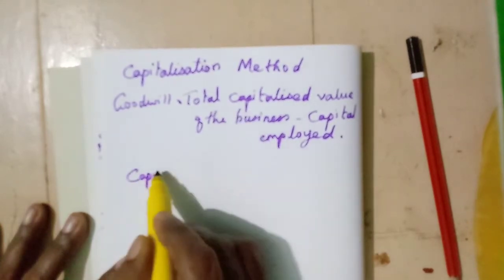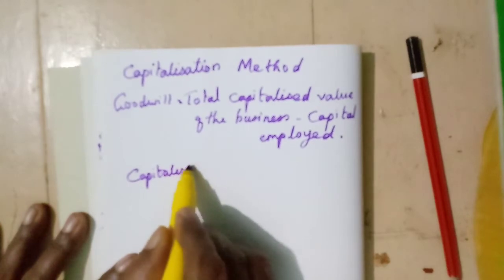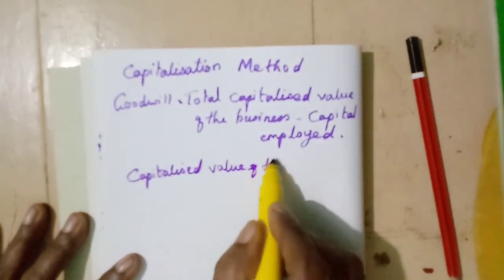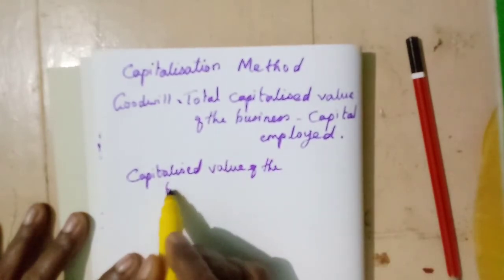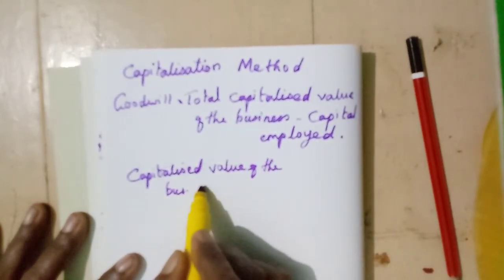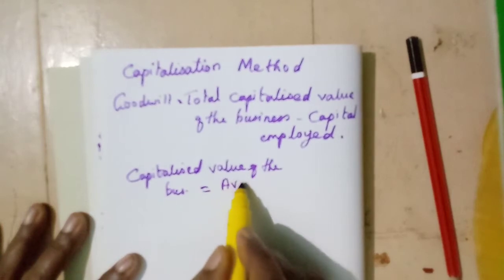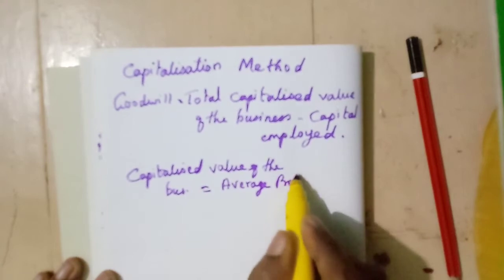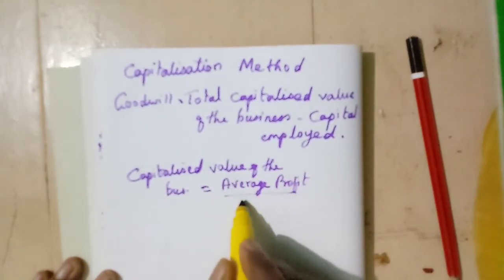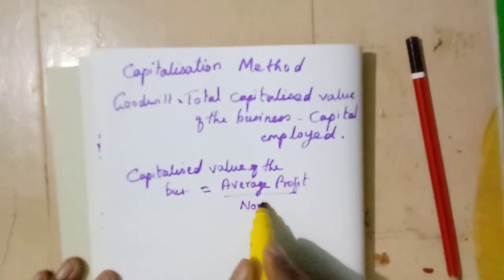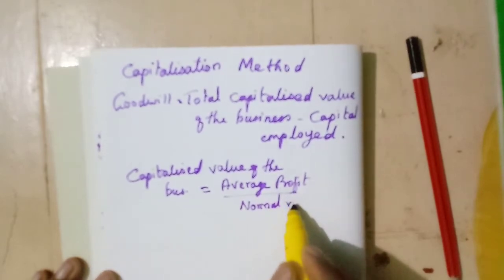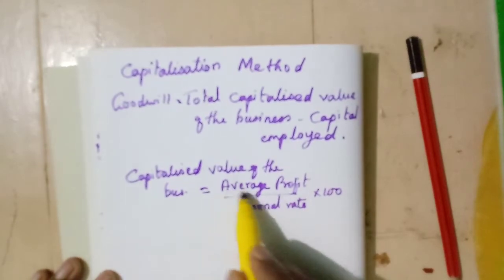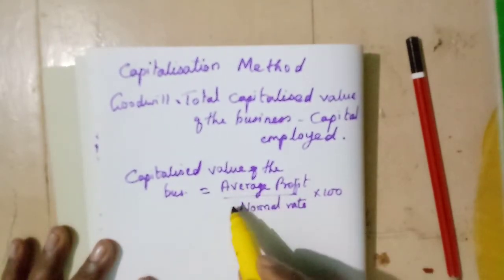So the capitalized value of the business is equal to average profit divided by normal rate of return into 100.